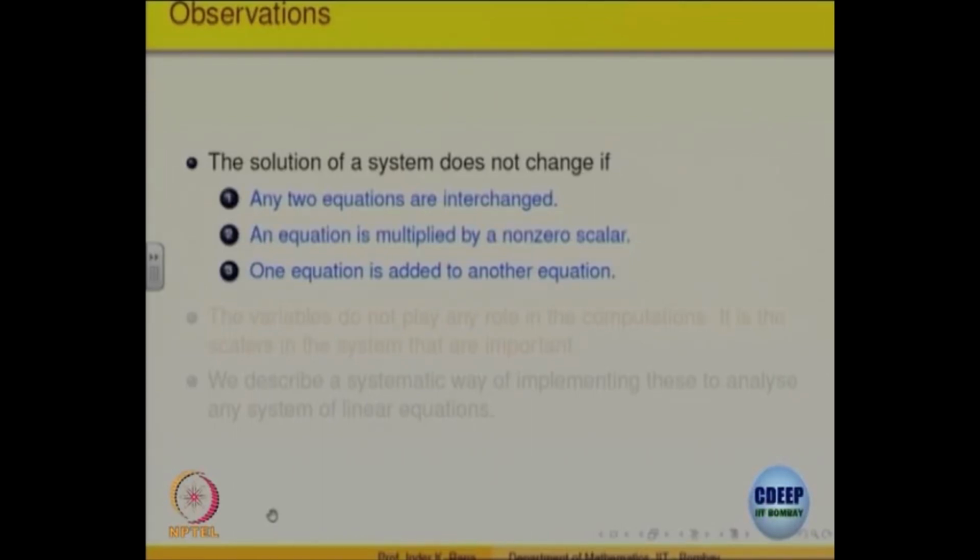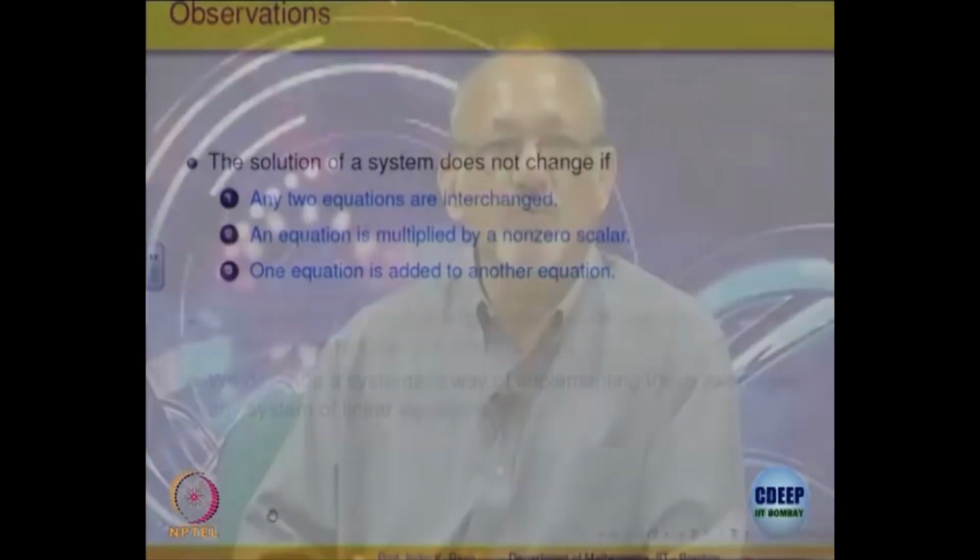We saw that if you add a scalar multiple of one linear equation to another, the point of intersection does not change, only the inclination of the line changes. So, these three are basic operations that do not change the solution of a system of equations.